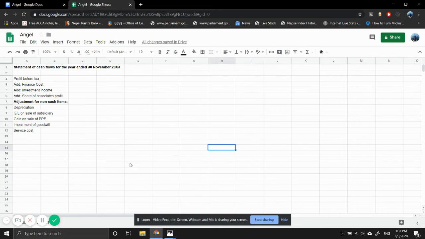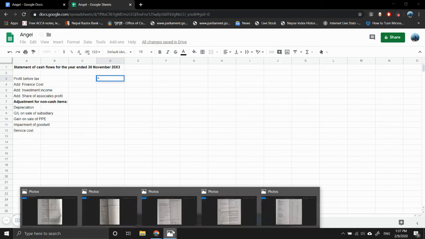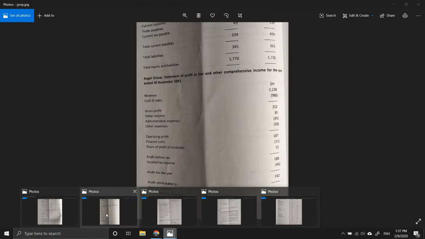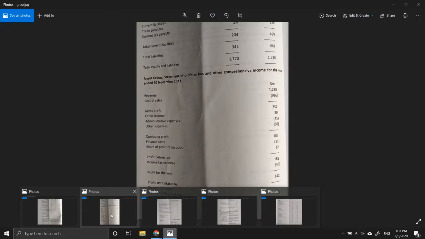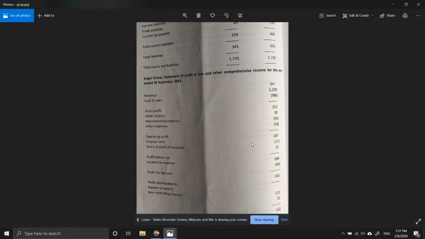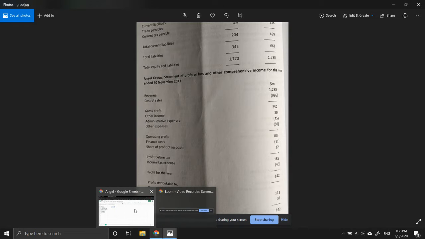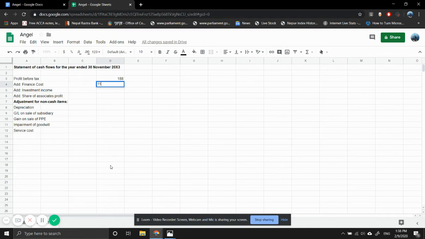Okay, so let's prepare the workings side by side. In this case, PBT will be how much? PBT is 188. What's our finance cost? Finance cost is 11. We add that and then subtract 12.